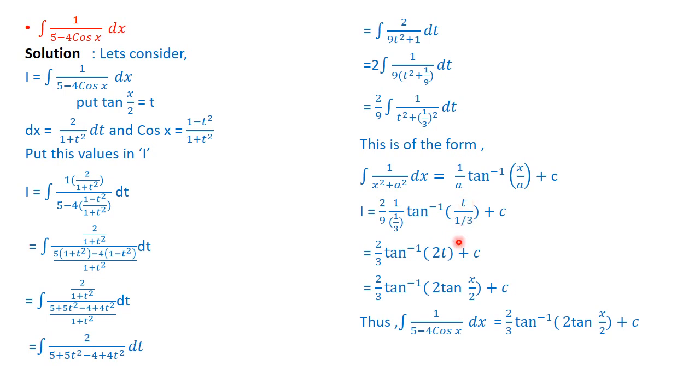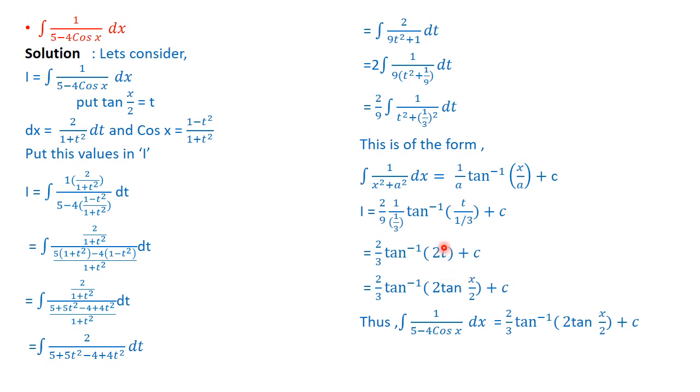here 1 by 3 is there, no? So inverting these 3, it becomes multiple of t, that is 3t. By mistake it is written there, okay? So try to understand, this is 3t plus constant of integration c. Now here 2 by 3 tan inverse of 3t, by back substitution, because we want the result in terms of x.